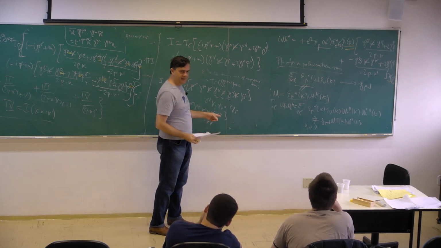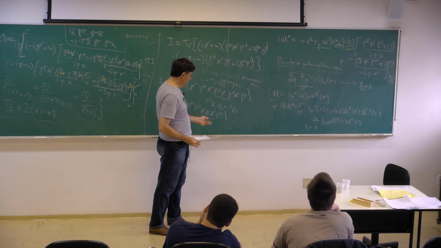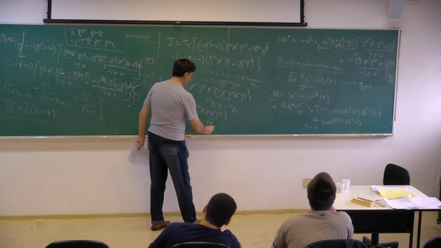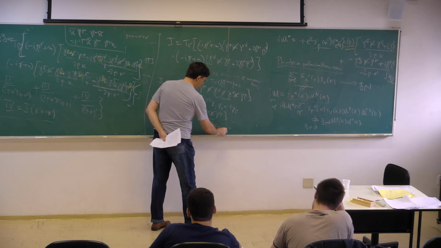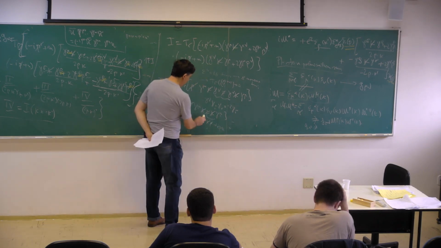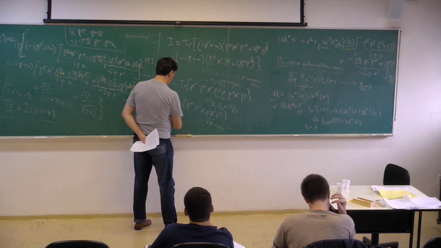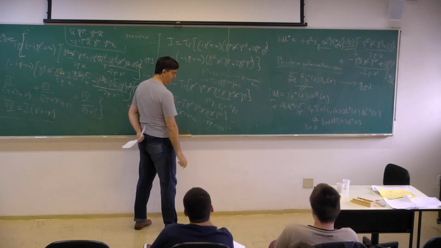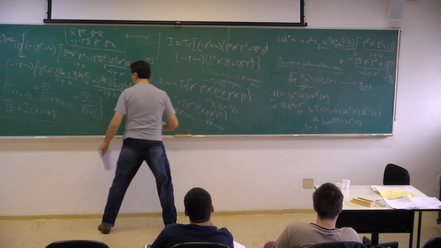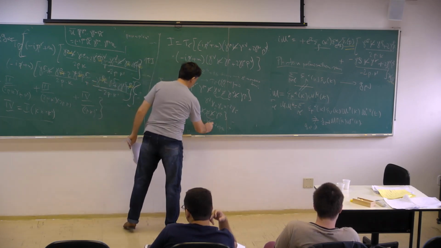Remember, slash means gamma, so when I change the order I get a minus sign and then plus 2 times the contraction, so 2pk. But then k slash times k slash is always k squared, which is 0. So this term goes away.